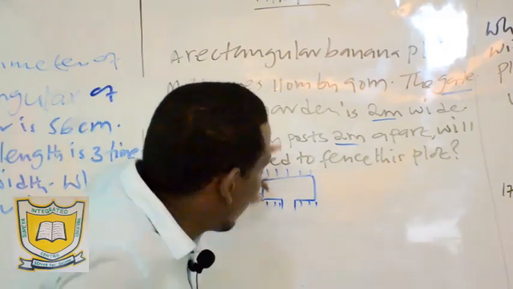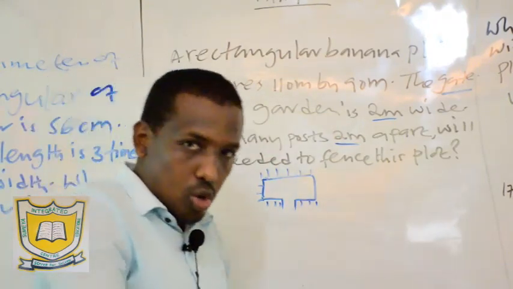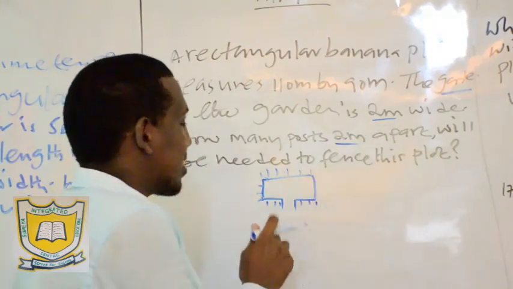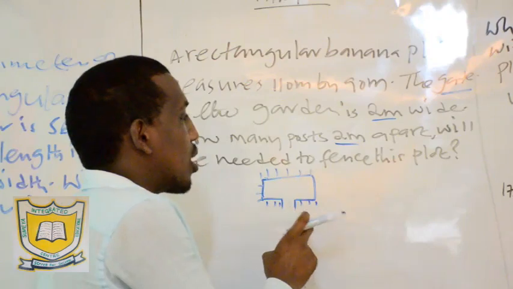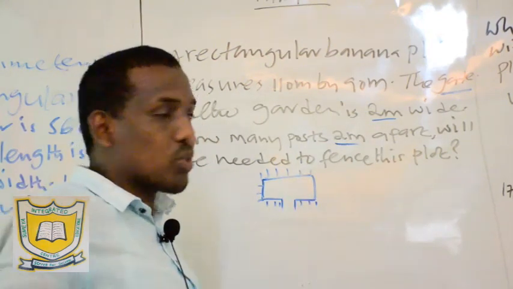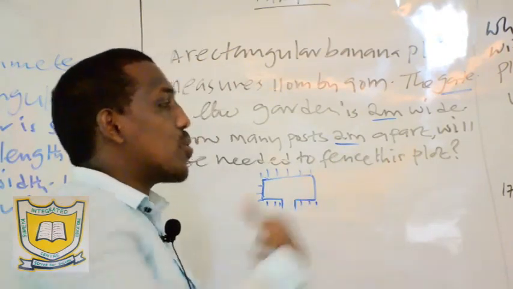So the distance of the gate is equal to the distance between other balls, so it means we work it out as a closed. But if the distance of the gate is different, for example 4 meters, what we do is work out the perimeter, subtract the gate, then work out as an open.